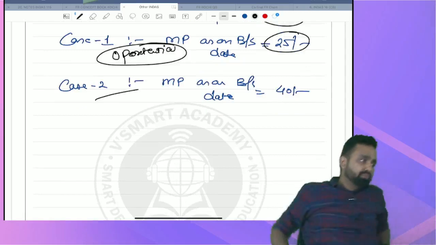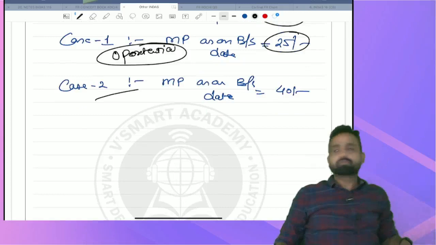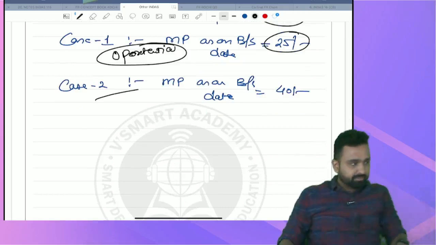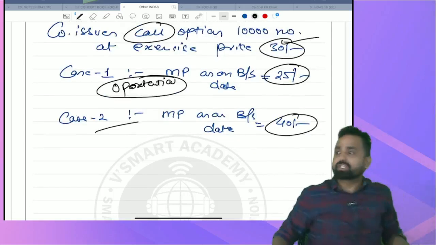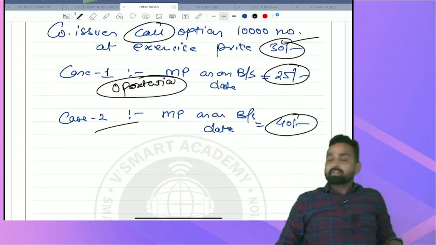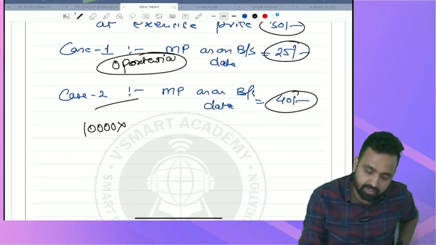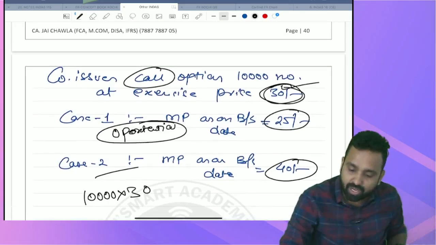Tell me in case 2. Will you come to me to buy the share? Yes. Why? It is available in the market at 40, and I have given you the right to purchase at 30. Yes, there is a potential. And if so, what funds would I have raised? As per the 30 I will give you, na?